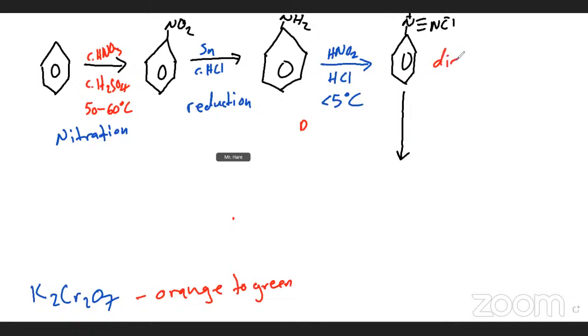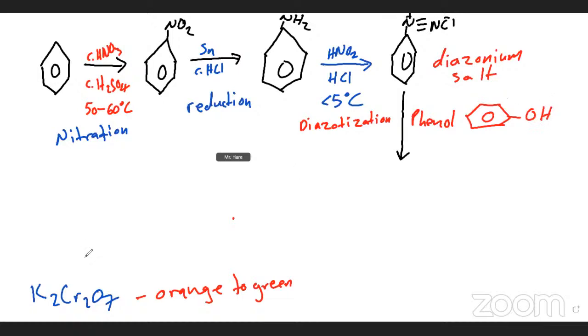Diazonium salt. So we get a diazonium salt, and the reaction is called diazotization. And we would react it with phenol, which is this. And we're going to get an azo dye. We're going to turn it sideways.